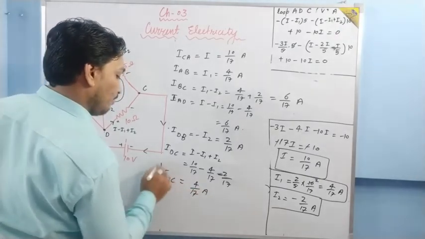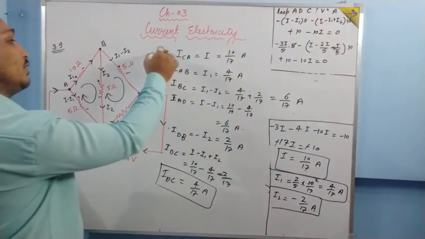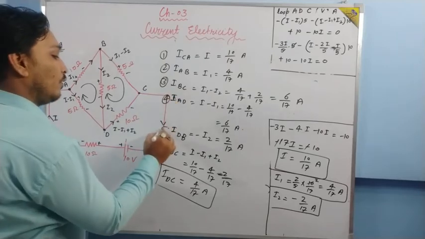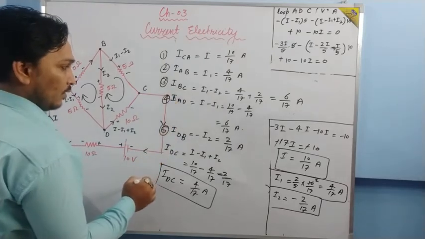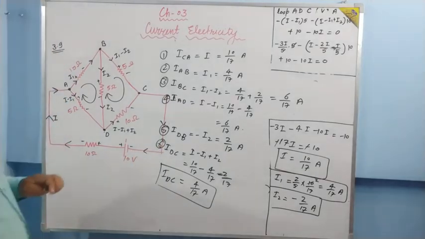IDC. So these are the values, 6 currents. Only 5 we have calculated? No, it is 6. 6 values of currents are there. So you need to write the values of current in this manner.